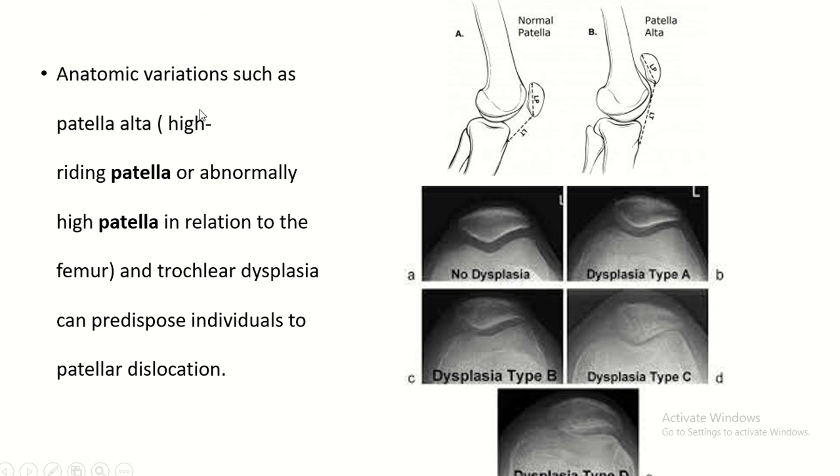Normal anatomical variations such as patella alta, a high position of the patella in relation to the femur, and trochlear dysplasia, where the lateral condyle of the femur is not well developed. The anterior projection is less, sometimes less than the medial condyle of the femur, and this causes patellar dislocation.